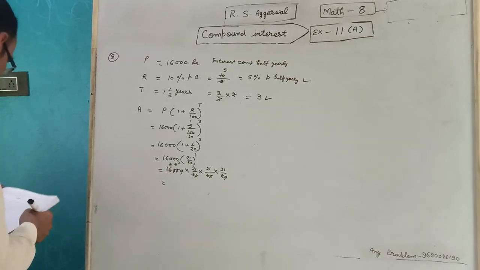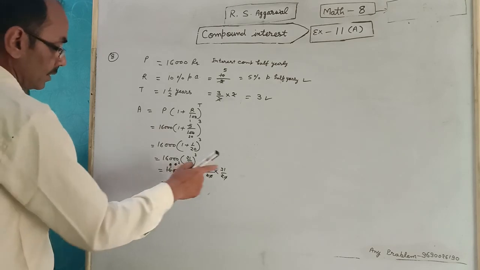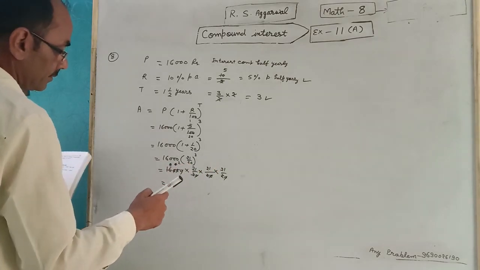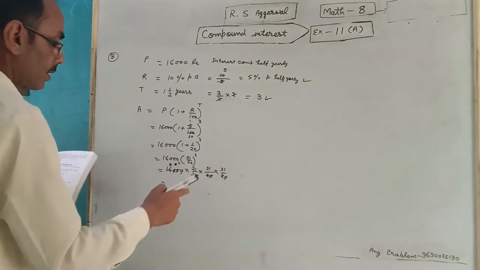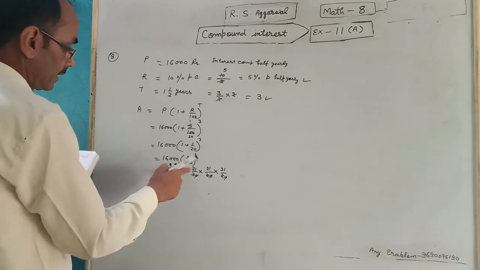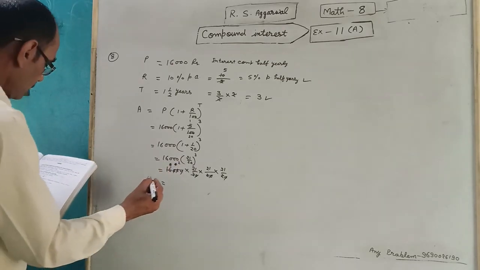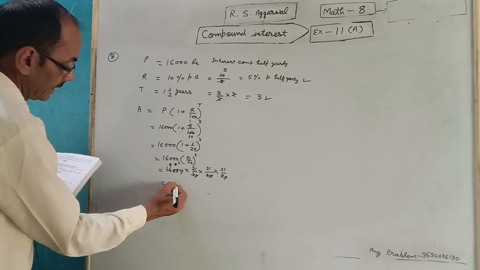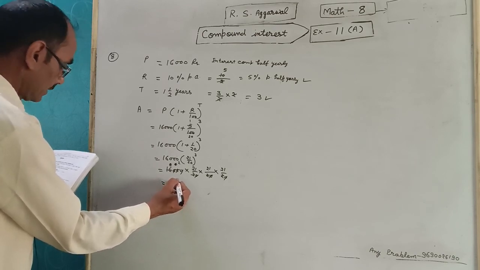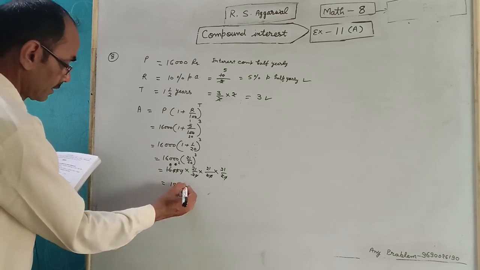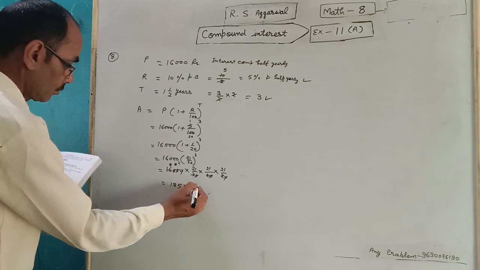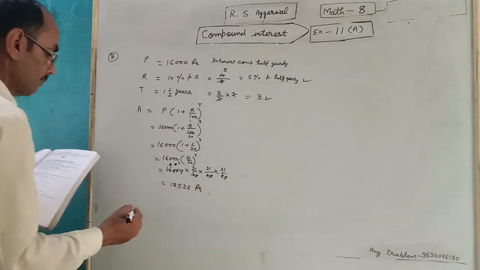After multiply 21 and 21, 441 multiply by 42, we get 18,525 rupees 22.